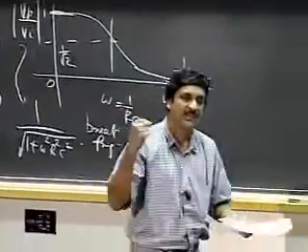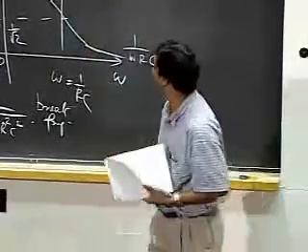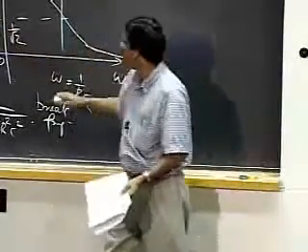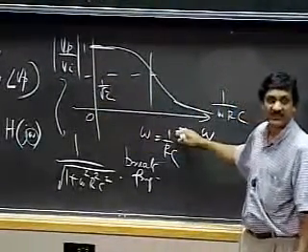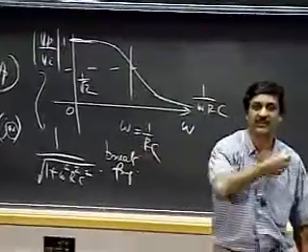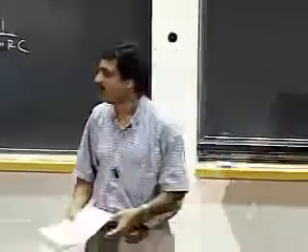So let me go back. What we've done is apply a bunch of sinusoids to the same circuit and plot the frequency response, the ratio of the output versus input as a function of frequency, and keep applying a variety of frequencies. You can listen to the frequencies as they go by, and we'll plot the amplitude up on the screen.